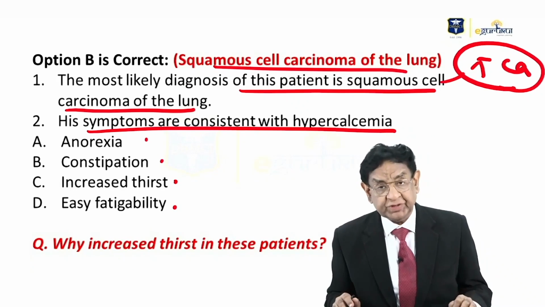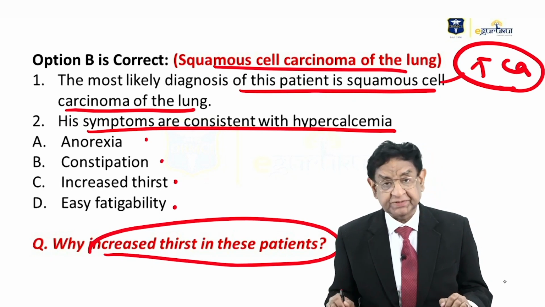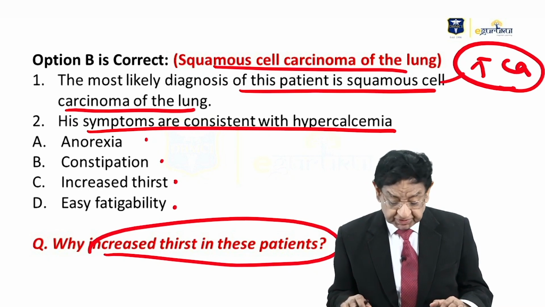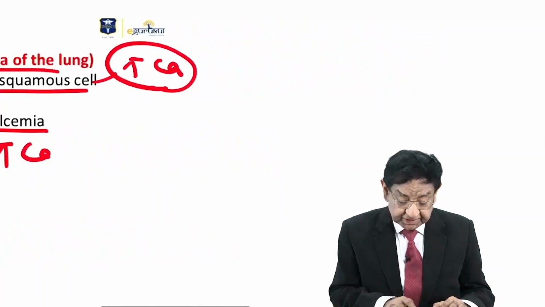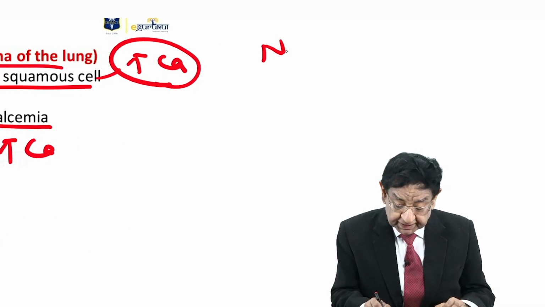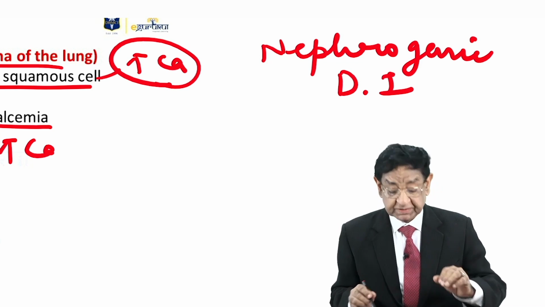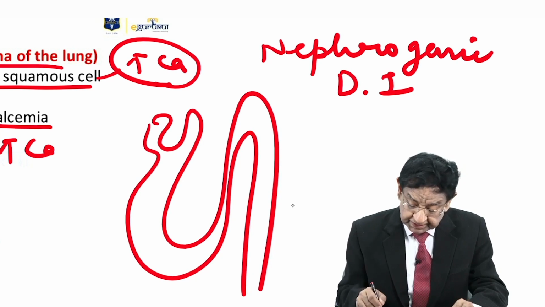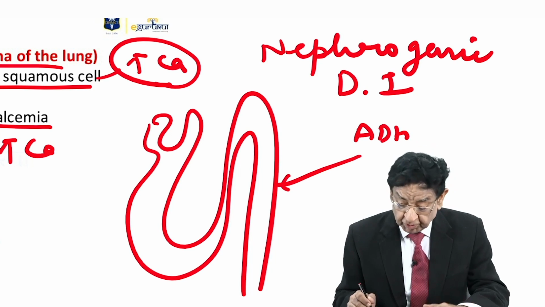But now I have a question for you. Write down the answer. Why increased thirst in these patients? Well, the answer to this question is hypercalcemia. These patients develop nephrogenic diabetes insipidus. This is the nephron, and normally ADH acts on the collecting tubule and it absorbs only pure water.